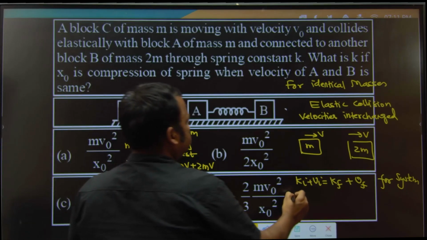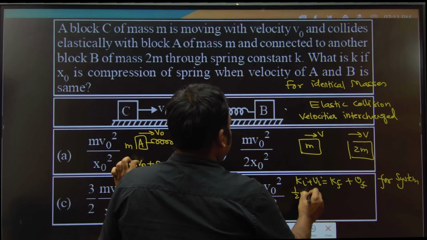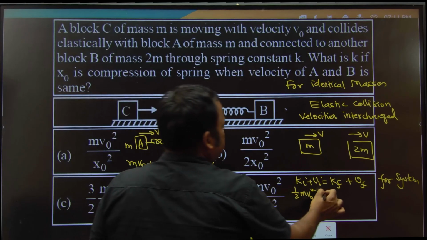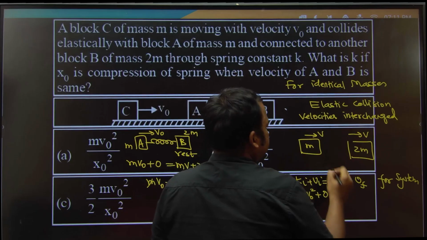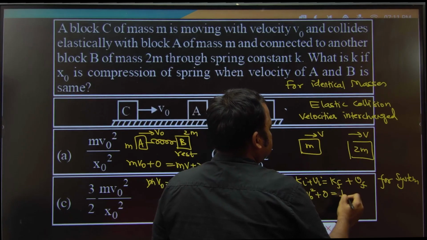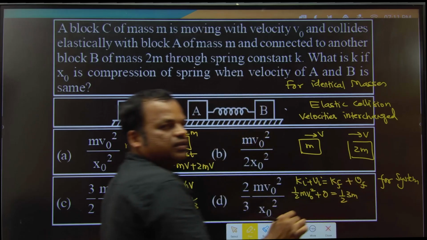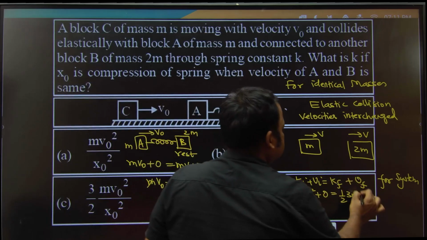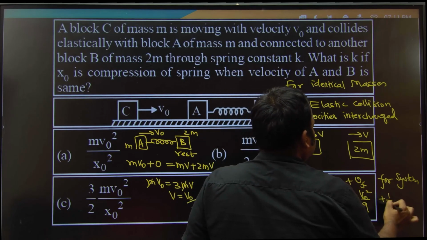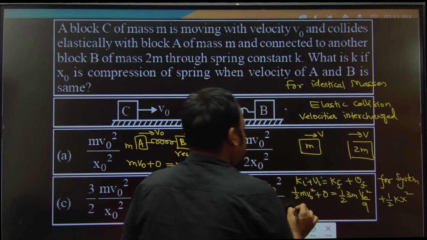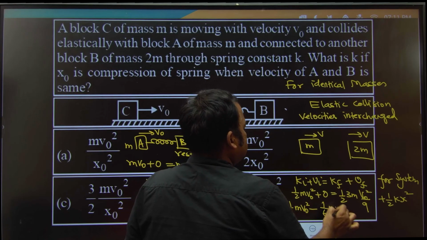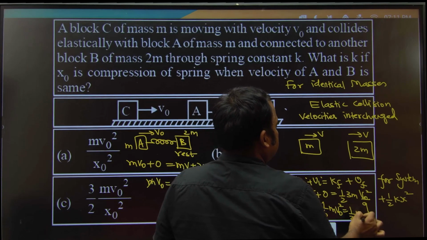So half m v0² plus, initially the spring is relaxed so potential energy is 0, equals final kinetic energy half m v² plus half 2m v², so half 3m v², and v is v0 by 3, so v0² by 9, and U final is half k x². So half m v0² minus 1 by 6 m v0² is equal to half k x².